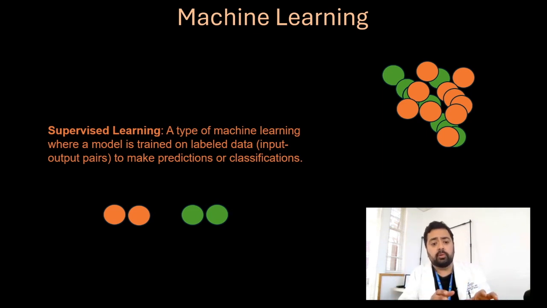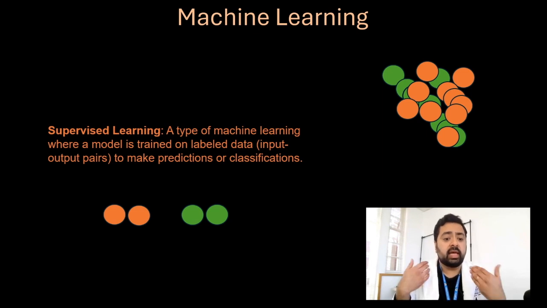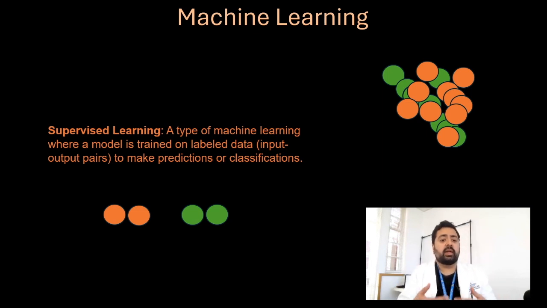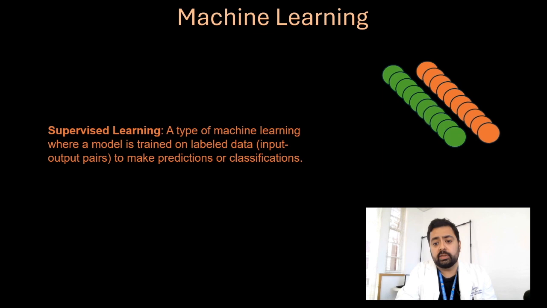I'm going to label these two on the right side of your screen as orange and the other two as green, and tell it that's what I want you to do: sort them out into orange and green. Here are some pairs which can clearly show you what you're supposed to do. Once you train a supervised machine learning model to do that, that's exactly what it's going to do.